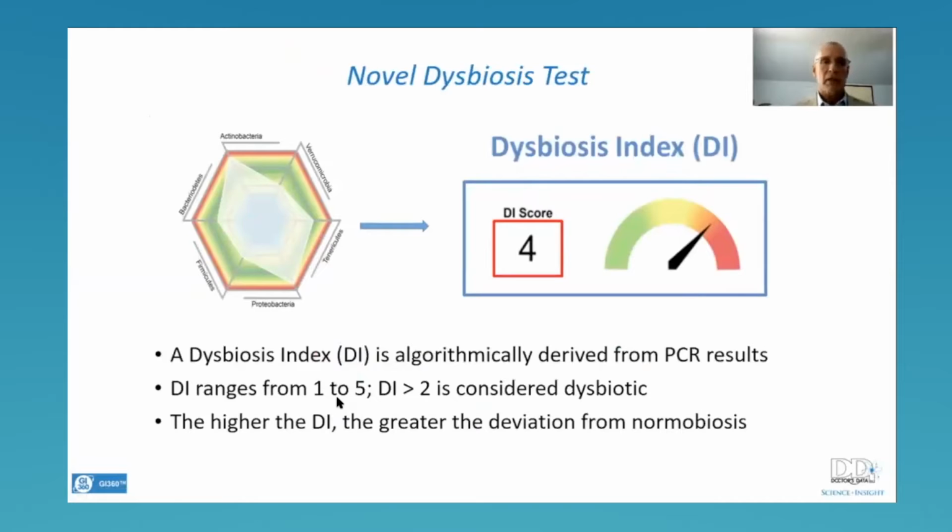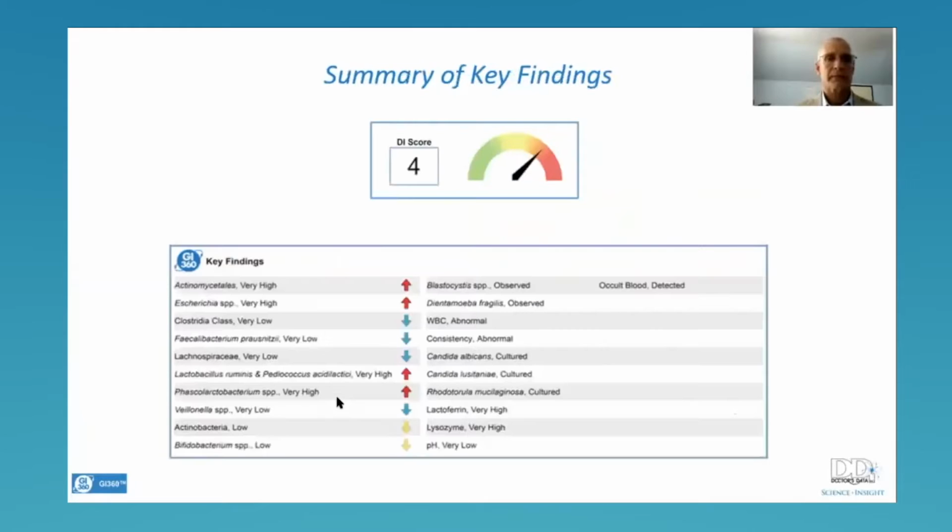Now, this dysbiosis index or score, called an index, ranges from 1 to 5 and a score or index of greater than 2 is considered dysbiotic. So the higher the dysbiosis index, the greater your patient's deviation from normal biosis. Again, based against a large number of observations.